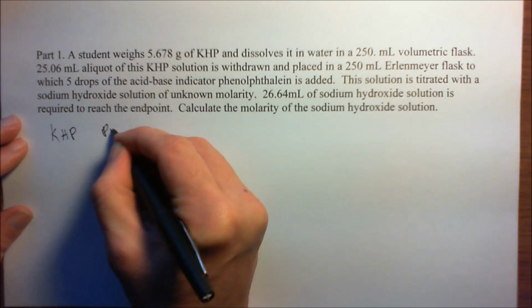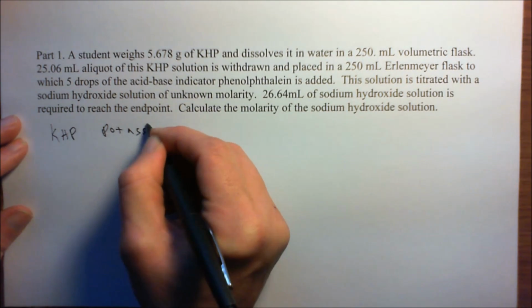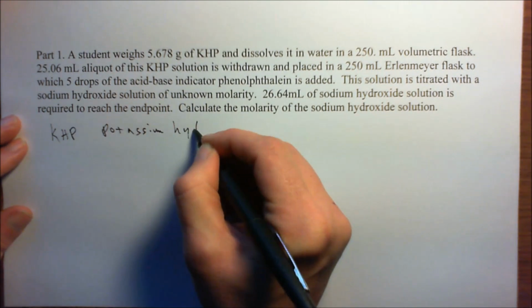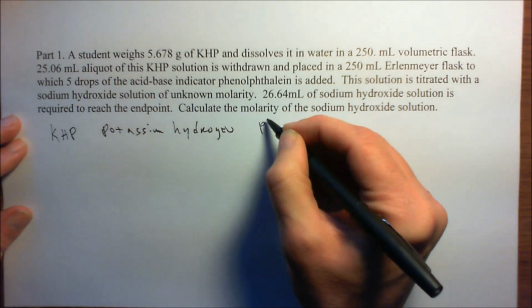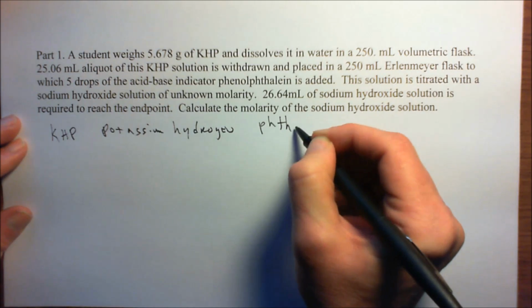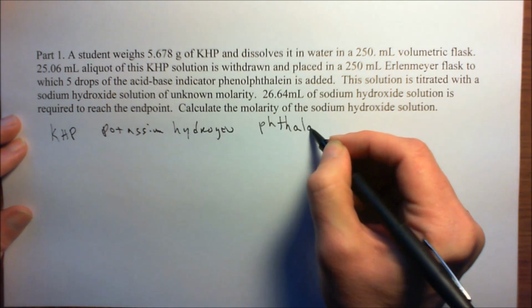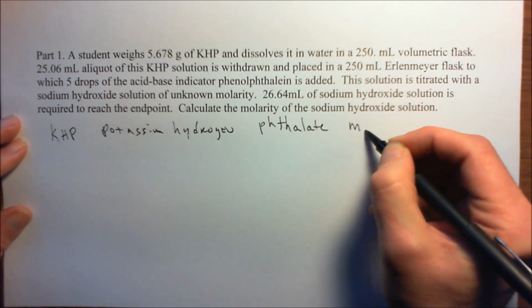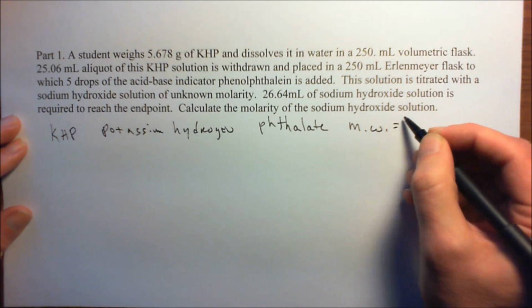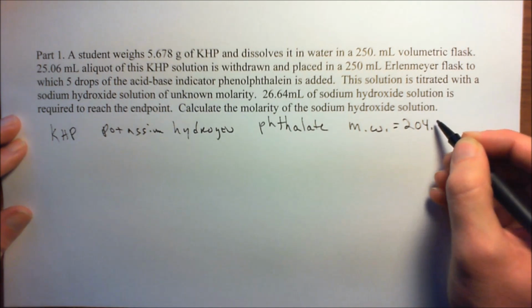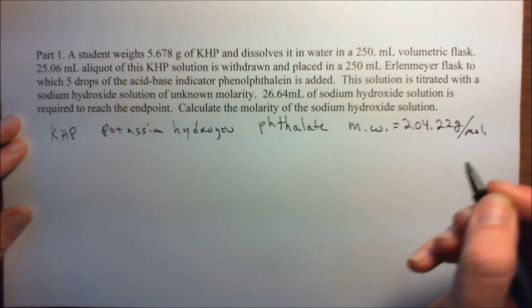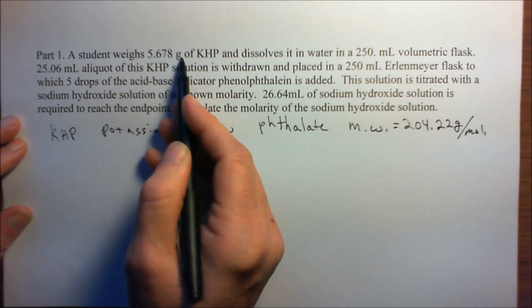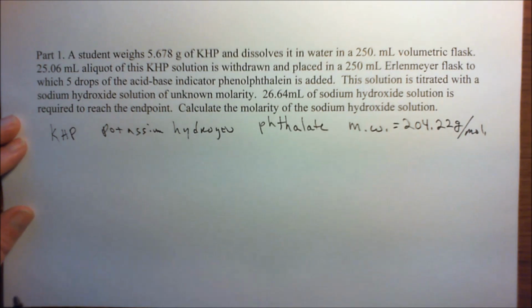which is potassium hydrogen phthalate, and it has a molecular weight equal to 204.22 grams per mole. Okay, now we got 5.678 grams of this, and we want the molarity of the solution.